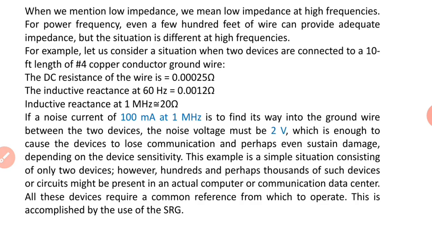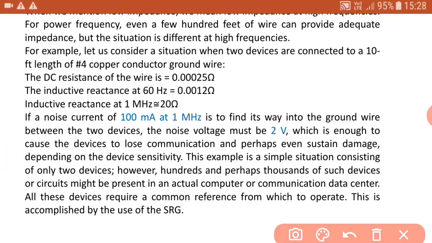When we mention low impedance, it means it is for high frequency, not for power frequency. For power frequency, even a few hundred feet of wire can provide adequate impedance, but the situation is different at high frequencies.